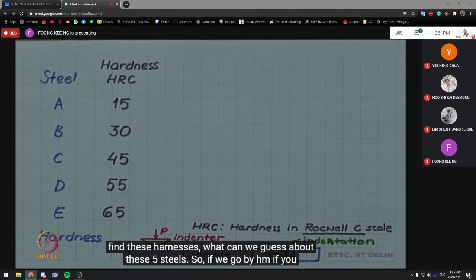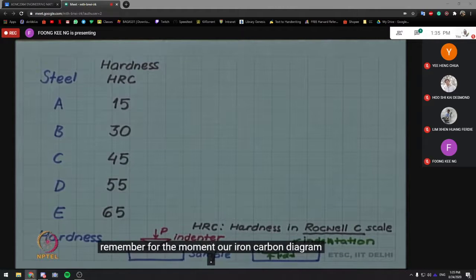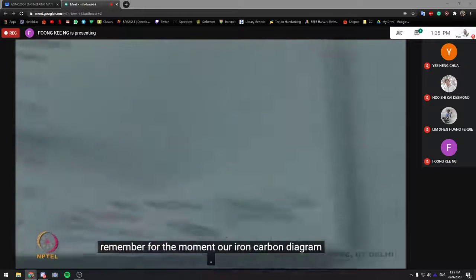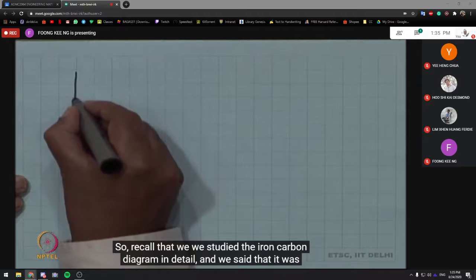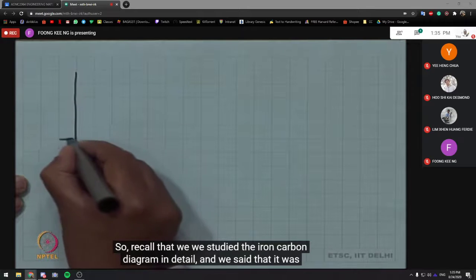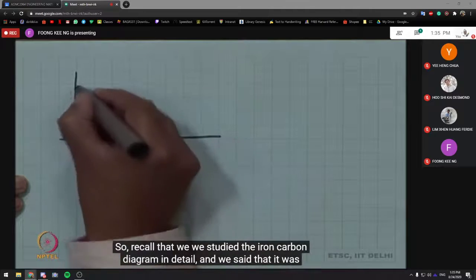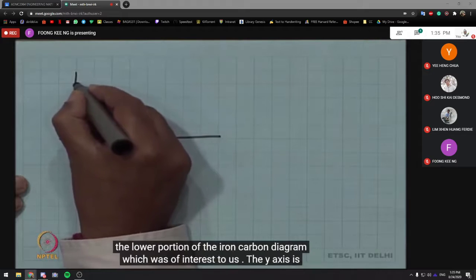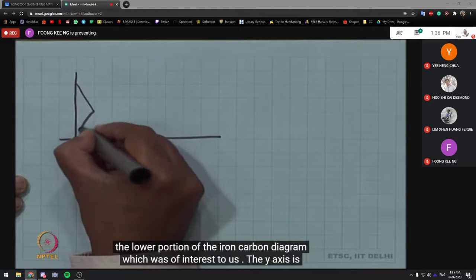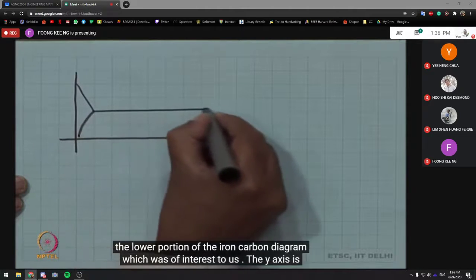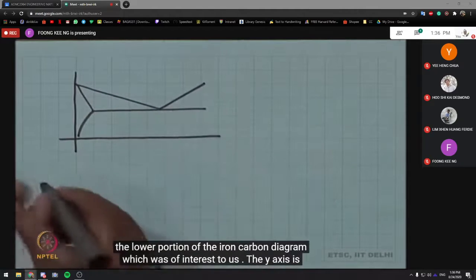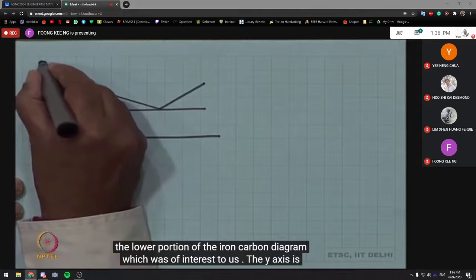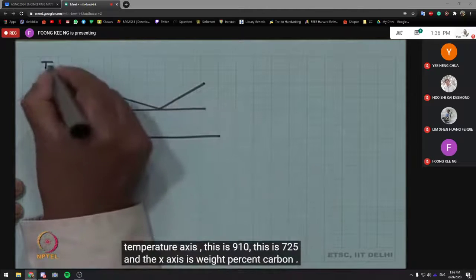So if you remember our iron carbon diagram, we studied the iron carbon diagram in detail, and we said that it was the lower portion of the iron carbon diagram which was of interest to us. The y-axis is temperature axis.